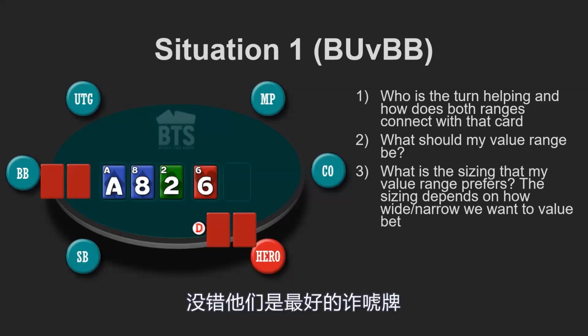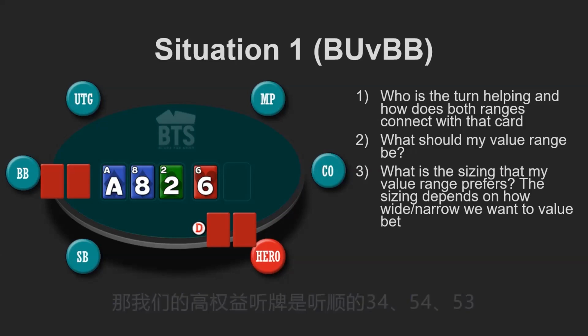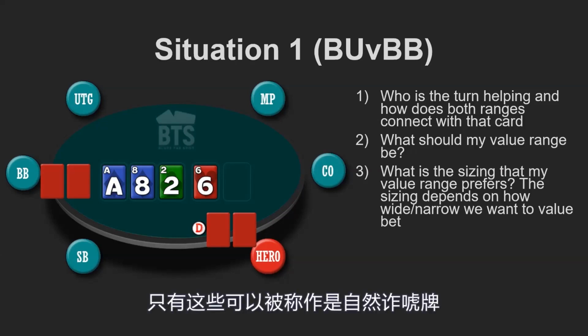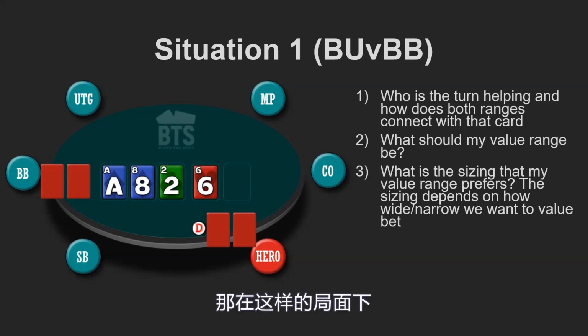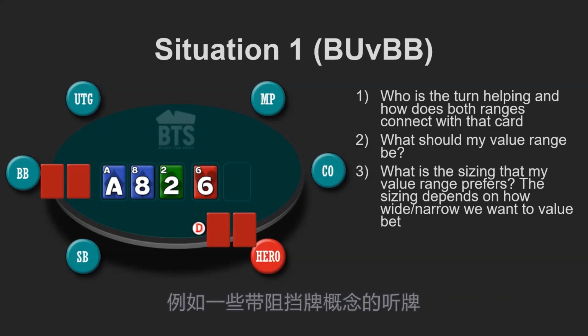The better bluffs, yes. So let's say the board is ace, 8, deuce, rainbow. Turn is a deuce. The only natural bluffs we have are 3-4, 5-4, and 5-3. Those are the only natural bluffs that we have. So in those situations, you're going to see us start using unnatural stuff like blocker type of hands to turn into a bluff.